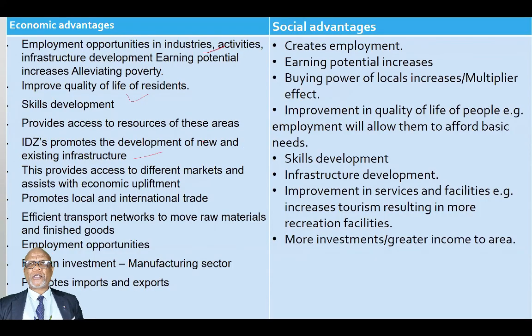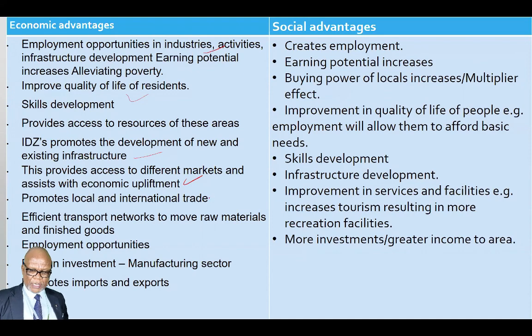So we've been talking about the social and economic advantages since we started with our primary sector. The economic and social advantages are so related to each other. You cannot separate them from one another. This provides access to different markets and assists with the economic upliftment of different places.